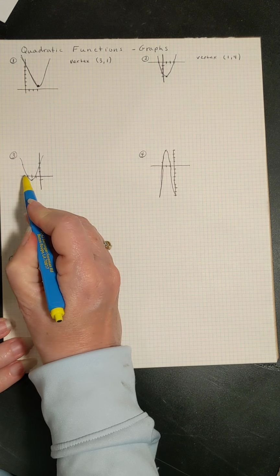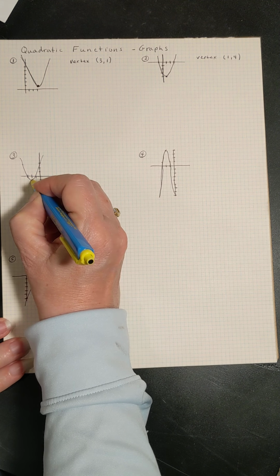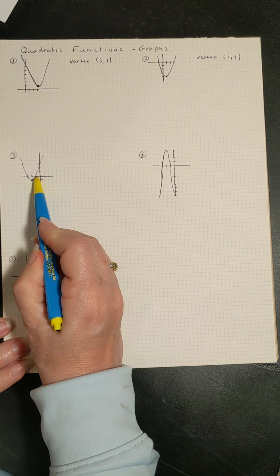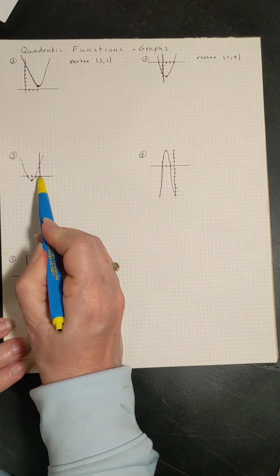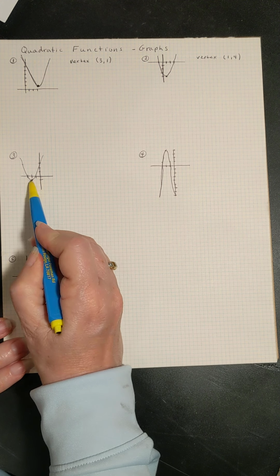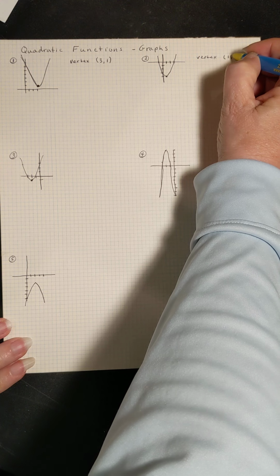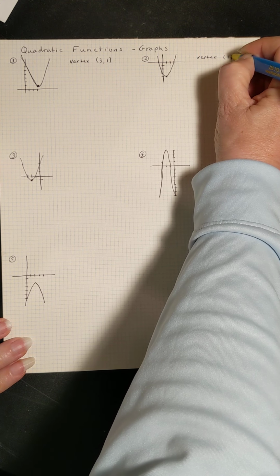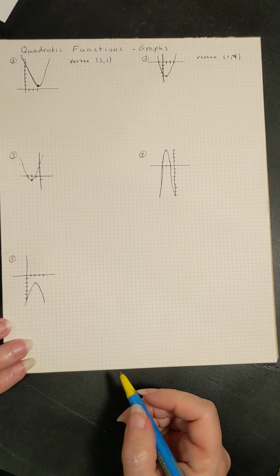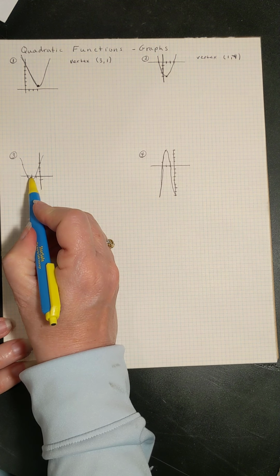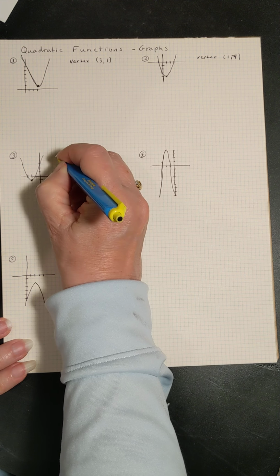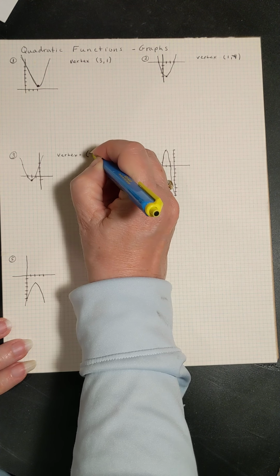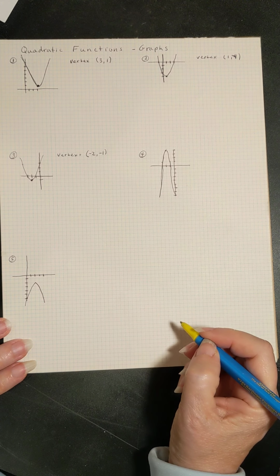Now looking at this one, again, the point where it turns around is this bottom point, and it goes over 1, 2, but it's in the negative direction, and down 1. Oh, I'm sorry, and this should be negative 4, because it's going down 4. All right, so this one goes over negative 2 and down 1. So my vertex is going to be negative 2, negative 1.